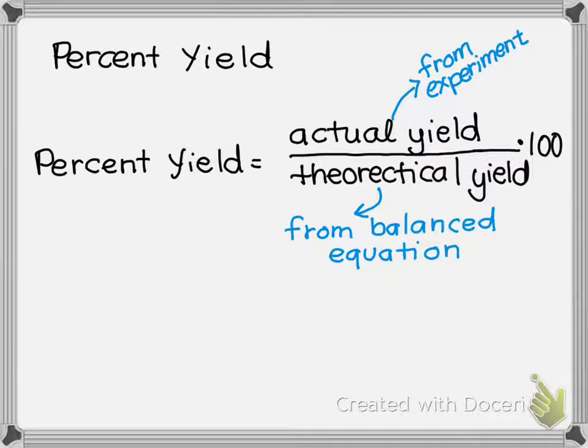So there's a variety of reasons why our actual yield is less than our theoretical yield. Really, we should not have an actual yield that's above our theoretical yield. I suppose sometimes in lab, if you have to dry a product and you don't dry it completely, then your actual yield would end up greater. But in general, we would expect our actual yield to be less than our theoretical yield.